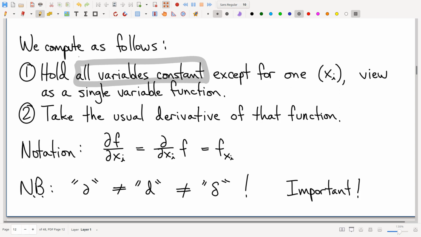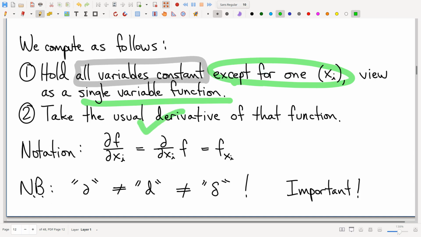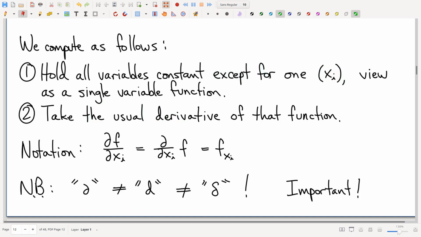And so even though the function came to you with 3 variables, for practical purposes, at least for the purposes of this exercise, we're going to treat it as actually only having 1 variable. So we're going to interpret a multivariable function as a single variable function. And once you have a single variable function, then you just take the regular good old Math 111L derivative, Calc 1, all the usual. So it's pretty easy to define a partial derivative.